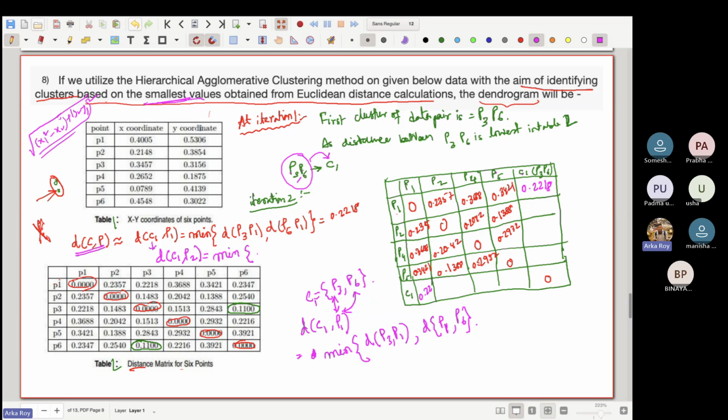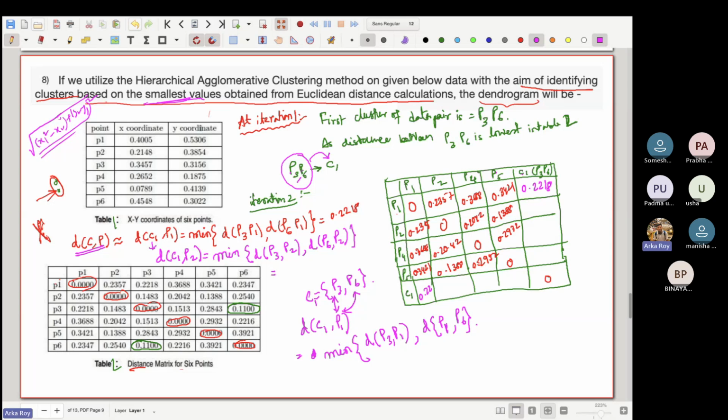So minimum of D(P3, P2), D(P6, P2). The main fundamental thing is, whatever cluster we have, if you have n number of data points, you have to calculate the distance from those n data points to the point concerned, and then take the minimum value. That is how you calculate the distance from cluster to point.